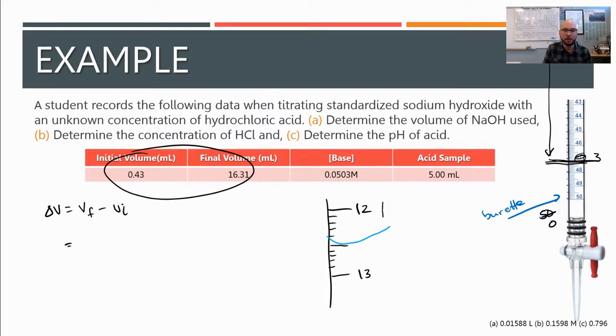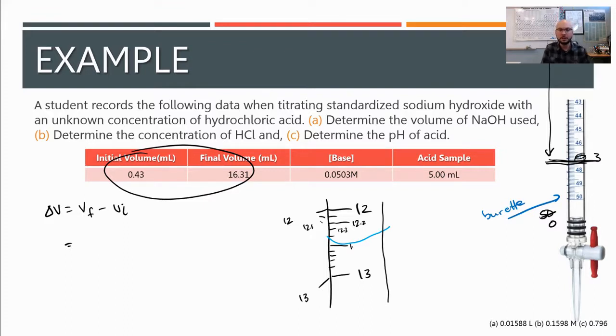Now it's got all these markers on it. The way it works in science when we have an analog, a non-digital device, is we can read to 1/10 of the smallest division. So here, that mark right here is exactly 12, and this one is 13. These 10 divisions in between, this would be 12.1, this would be 12.2, 12.3, and so on.